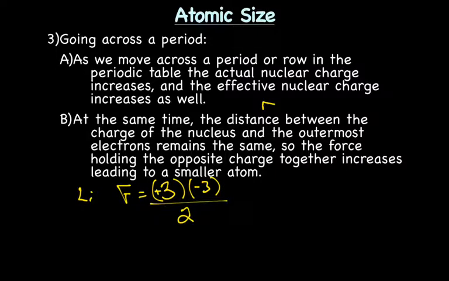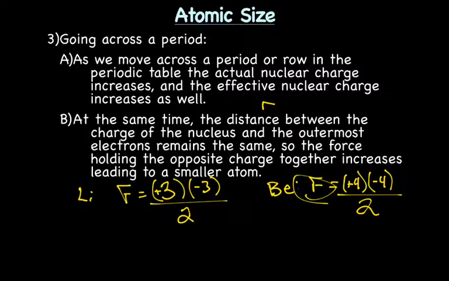And then for beryllium, why do I really want this to be boron? I have no idea. Force equals now plus 4. Electrons are 4, but the radius is still 2. Right? So we're going to end up with a larger force.